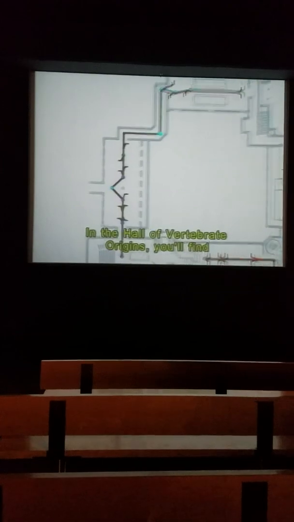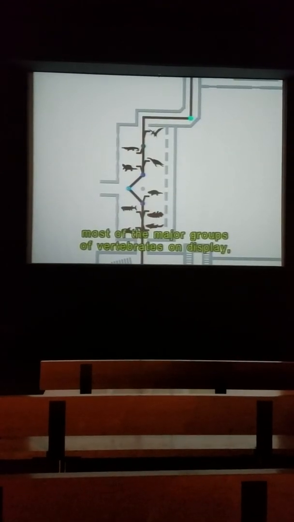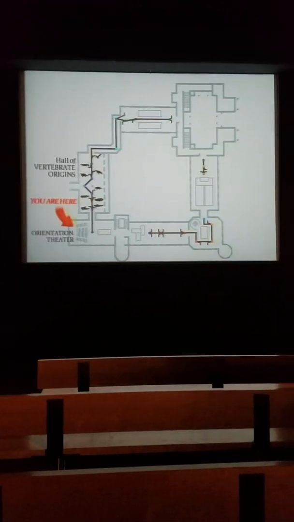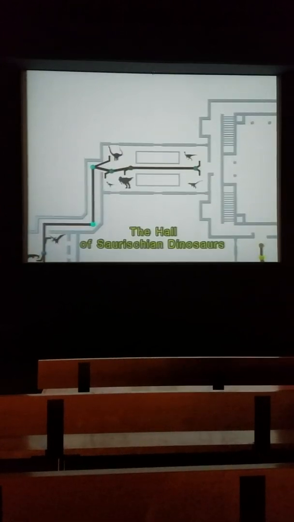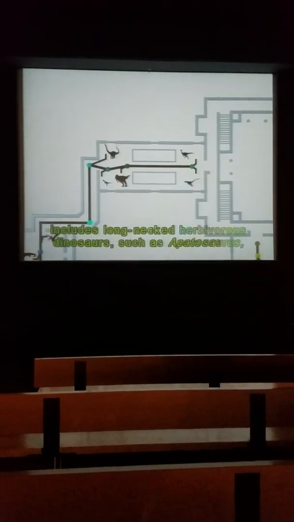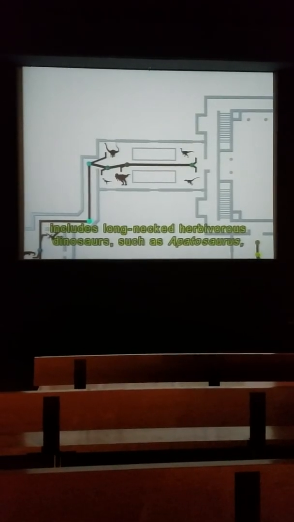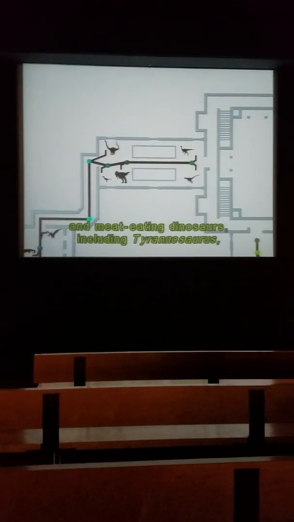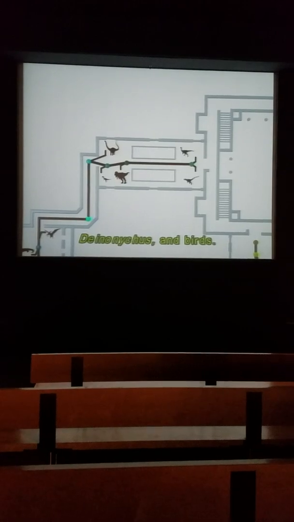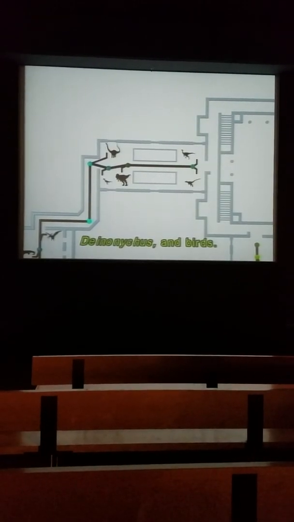In the Hall of Vertebrate Origins, you'll find most of the major groups of vertebrates on display, including sharks, turtles, and pterosaurs. The Hall of Saurischian dinosaurs includes long-necked herbivorous dinosaurs, such as Apatosaurus, and meat-eating dinosaurs, including Tyrannosaurus, Deinonychus, and birds.